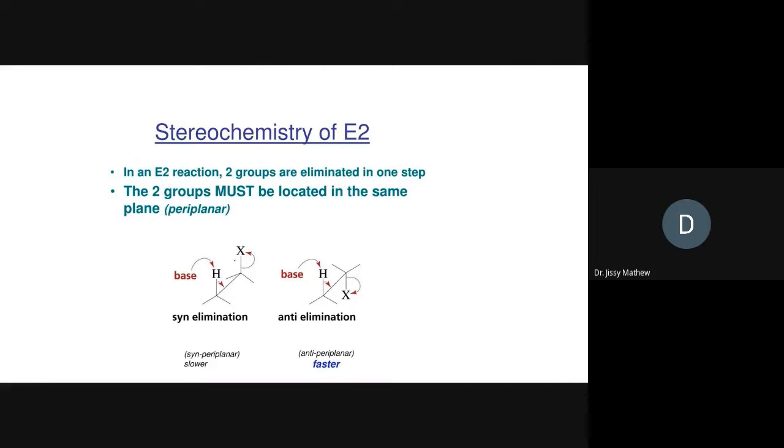That means they are in the same direction, whereas in this case, the two departing groups are anti to each other. And in both these cases, they are periplanar, that means in the same plane, but anti-periplanar is more preferred because the departing groups are as far apart as possible. So the E2 mechanism is stereospecific, and it is trans elimination.